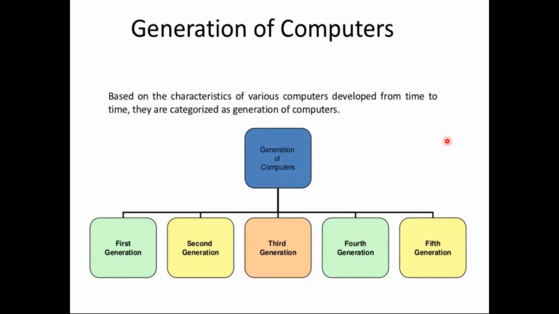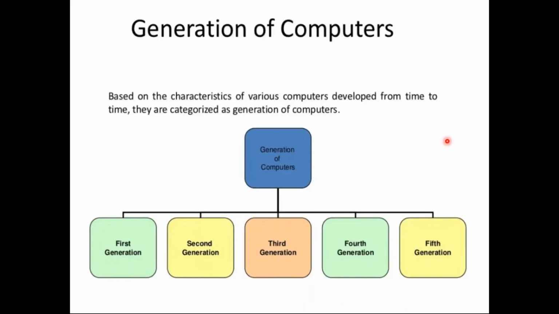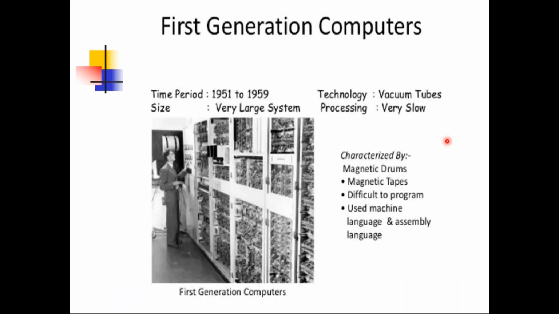Next, we have generations of the computer so that we can understand clearly how the computer developed, evolved, and changed. We have 5 generations. What you have seen just now is not even the first generation, it is before the first generation. The first generation is from 1951 to 1959, nearly 9 years.